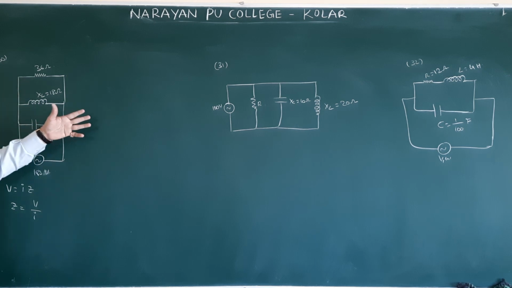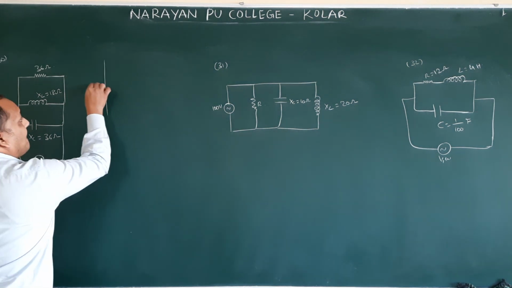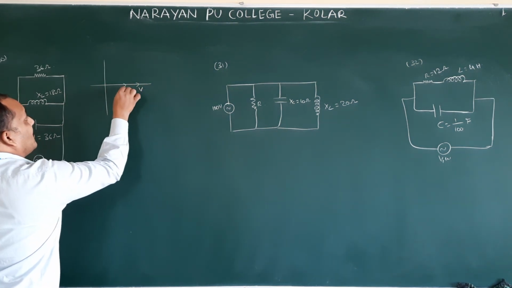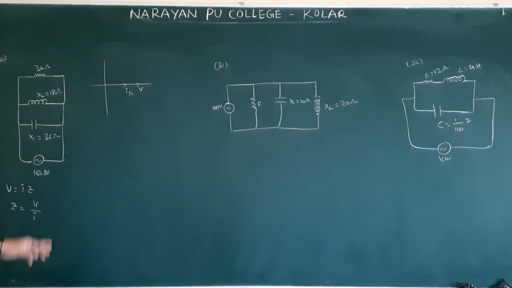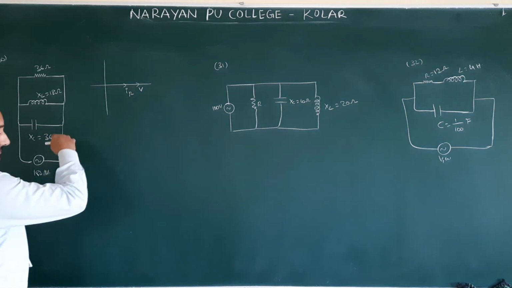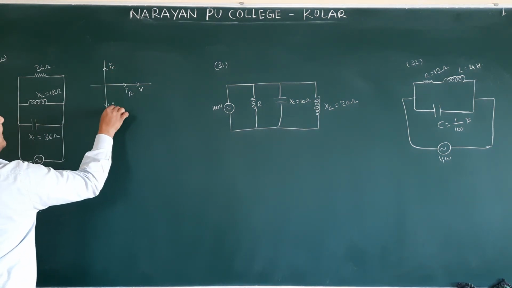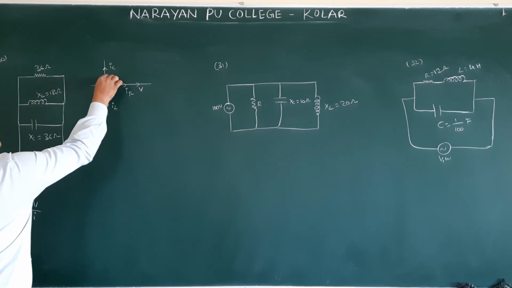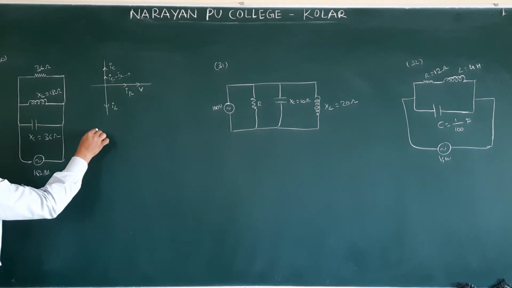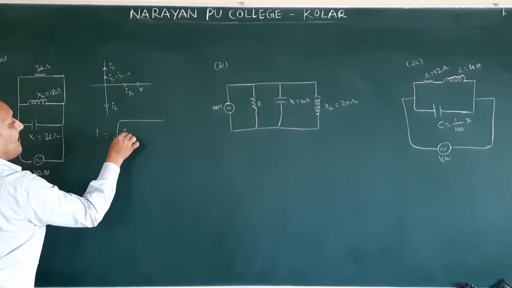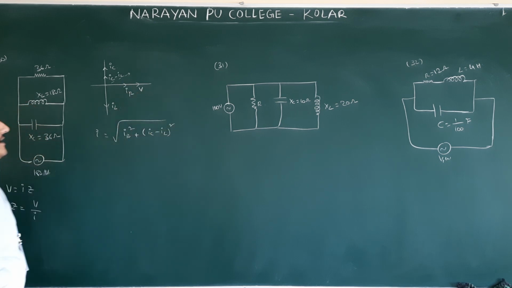Whenever 3 are there also, we give a phasor diagram for how to take the current. In resistance, voltage and current are both in the same phase. In a capacitor, the current leads, IC. In an inductor, the current lags. The resultant current you will get is IC minus IL. So the resultant current I is equal to root of IR square plus IC minus IL whole square.